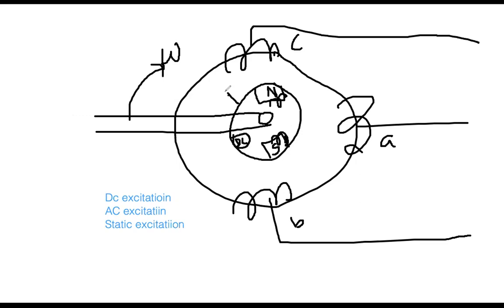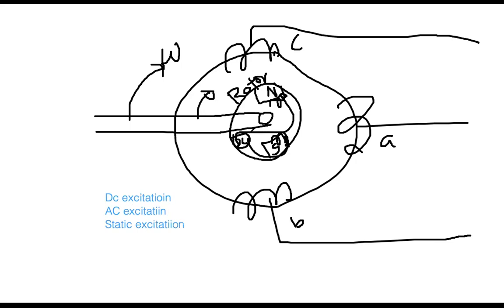Everybody keep in mind, this is the rotor circuit, this circular body. On the rotor body, there are North Pole, South Pole, physical poles. Simultaneously, at the same time, there is a small DC generator. Because this body is moving, this DC is connected on one end here, the other terminal is connected here. So in that way, the whole thing is moving. That is the meaning of DC excitation.